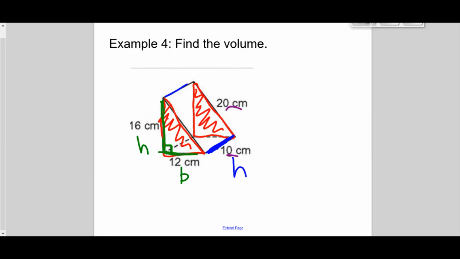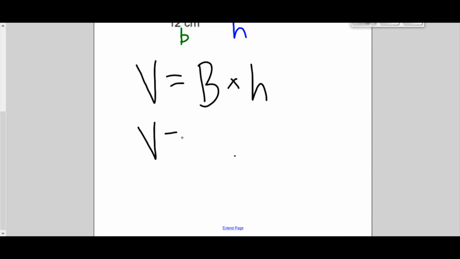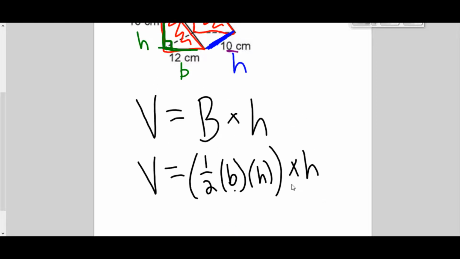Write down the formula for the volume of a triangular prism. So remember that's volume equals big base times height. For a triangular prism, remember we're doing the area of a triangle. So it's volume equals 1/2 base times height times the big height, or sorry, times the distance in between, which is our extra height.